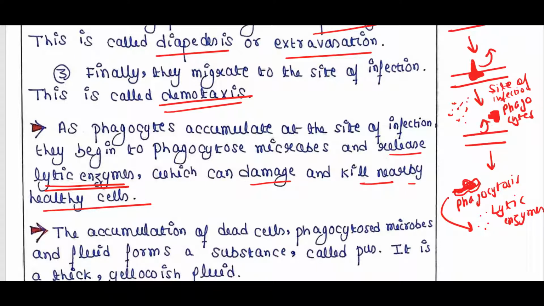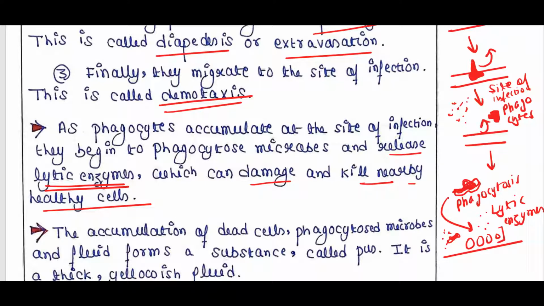So in the site of infection, other healthy cells are also there, right? Phagocytes are there, some microbes are there, and some healthy cells are also there. And the release of these lytic enzymes will kill those healthy cells also.